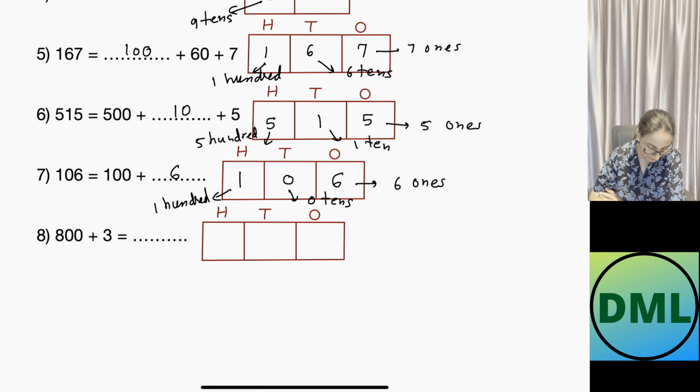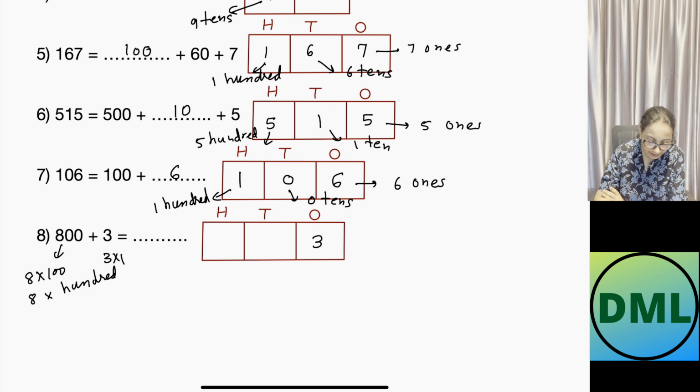Let's see the next example here. 800 plus 3. Let's fill that in at the place values here. 3 is ones because 3 is written as 3 times 1. So this is at the ones place. Let's write down 3 at the ones place. This 800 will be written as 8 times 100, which is 800. At the hundreds place, we have 8. Let's write down 8 here at the hundreds place.